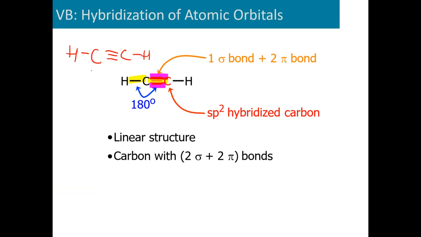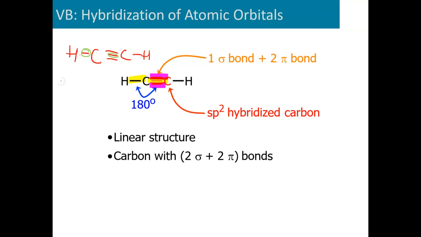So basically, this bond here in this molecule, the CH bond, and the one in the middle, these are your sp hybridized orbitals that are involved in the formation of the sigma bonds.